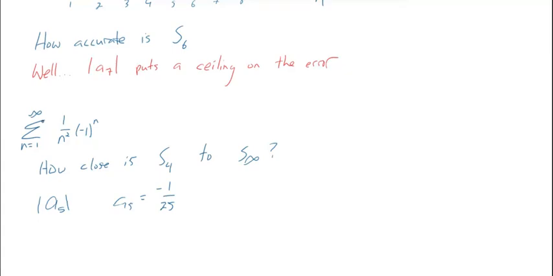So that tells me that S sub 4 is within, at a max of, I don't like that language, at most the absolute value of A sub 5, which is 1 over 25, if I take its absolute value, which gives me a decimal of 0.04.